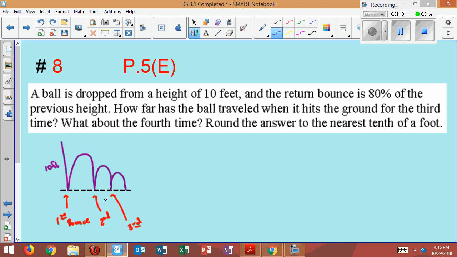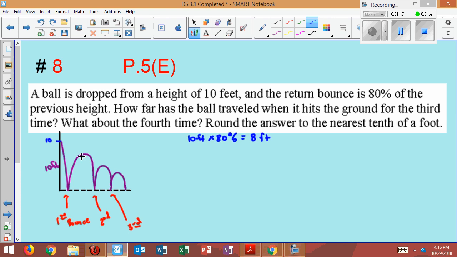And now, to get this labeled right, if this is 10 feet there, then the next bounce would be 80%. So if this is 10 feet right here, let me get an axis to try to explain this a little bit better. Okay, if this is 10 feet right here, then the next bounce is 80% of 10. Now, 10 feet times 80% is 8 feet.